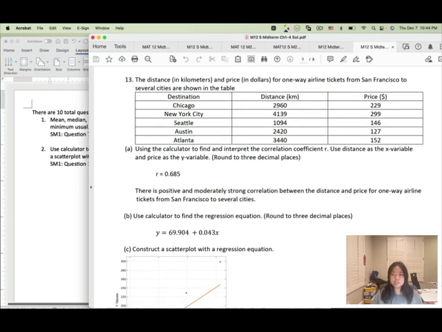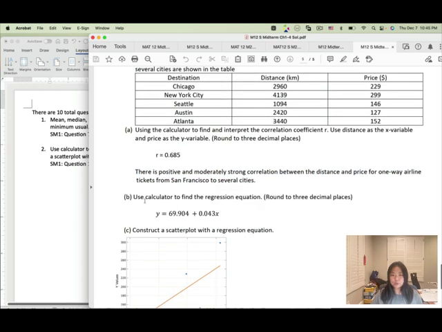Keep in mind, you need to use your calculator to find the r, and also you need to interpret. Interpret means tell me if this r is going to be positive or negative, and whether they have a strong or weak correlation. Okay, this is interpreting the correlation coefficient. I think 1/3 of the students forget to do this one on the exam.